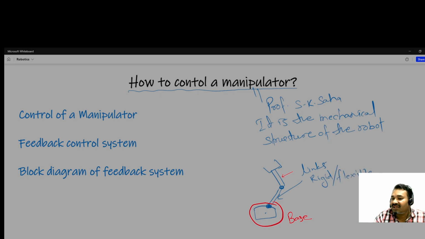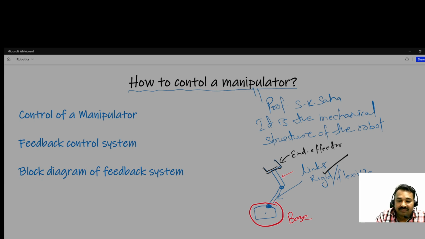Generally for the analysis, we consider the rigid one, because it is much easier than flexible. But if the actual robot system is flexible, then there will be no option. And this is the end effector of the robot.